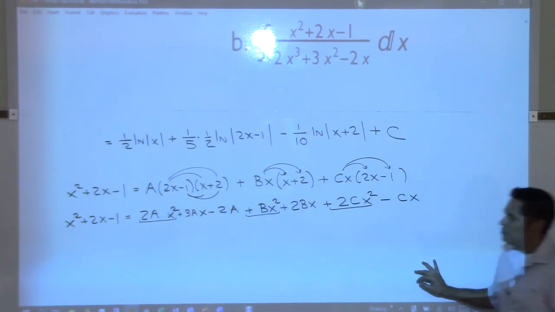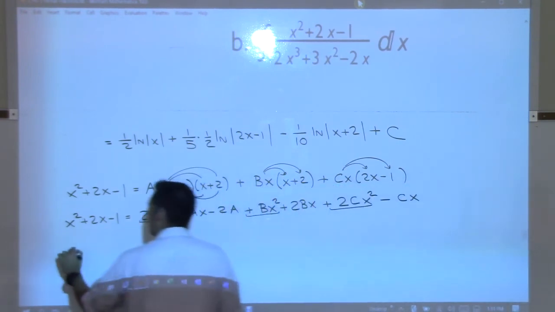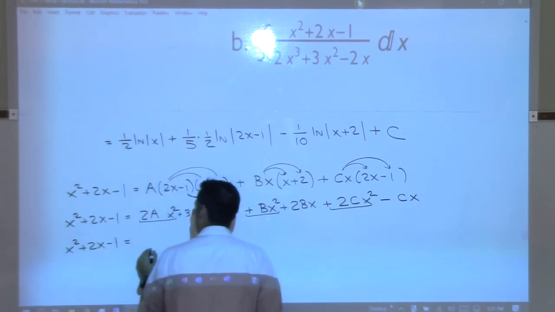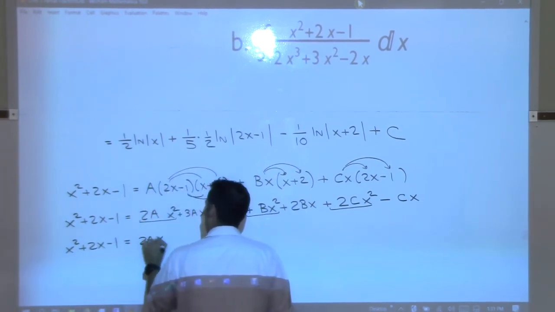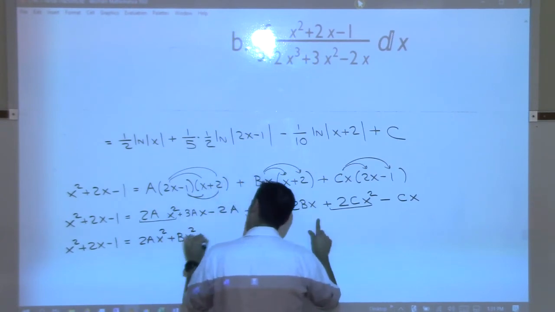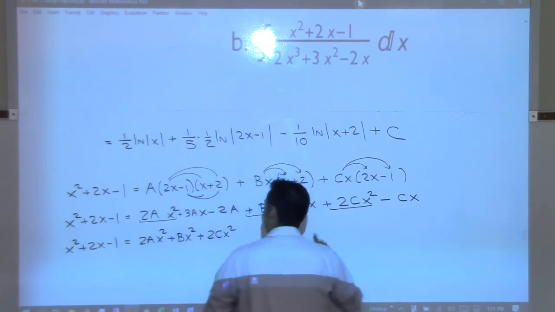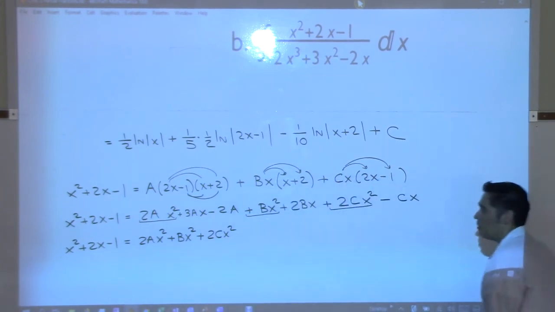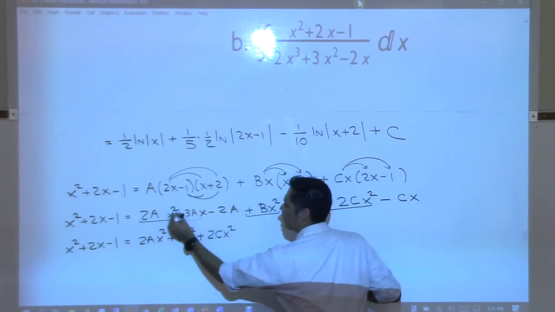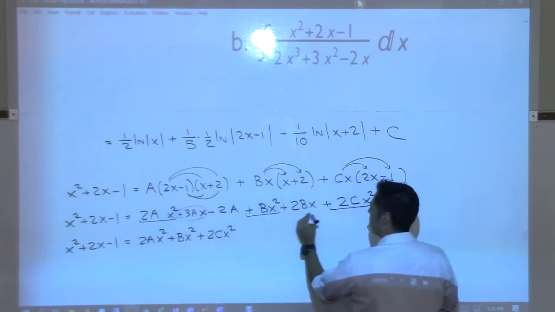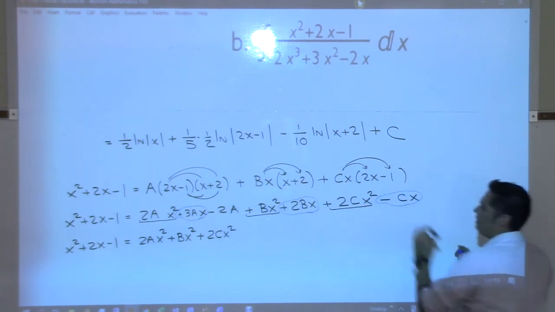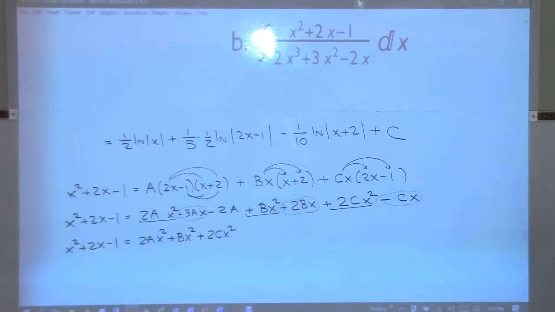If I were to rewrite this, it would become x squared plus 2x minus 1 equals 2ax squared plus bx squared plus 2cx squared. And next to that, I'm going to put all my x terms together. I'll circle my x terms, because I've already underlined. Those are the things that have x.